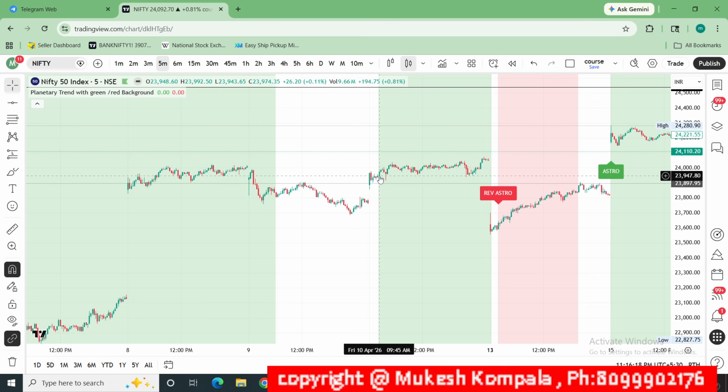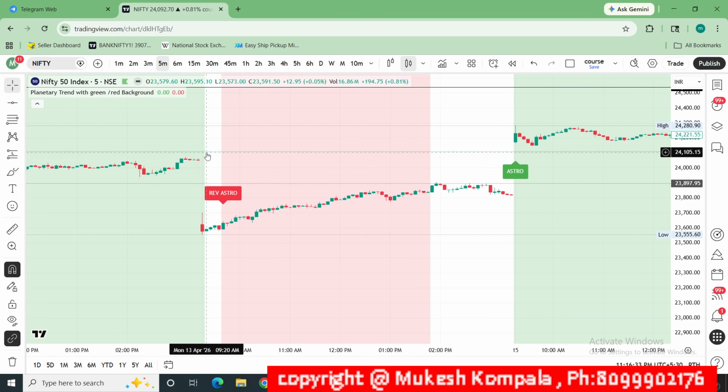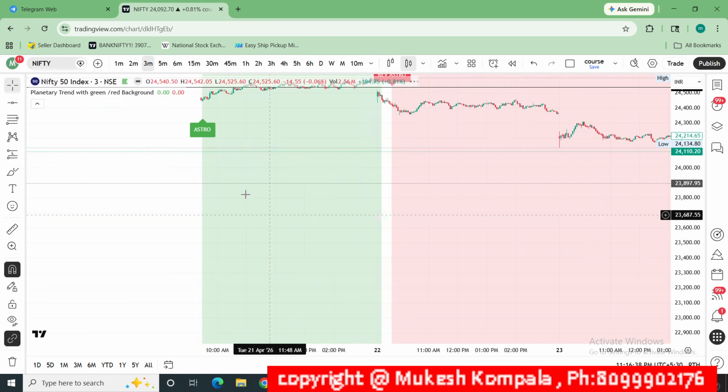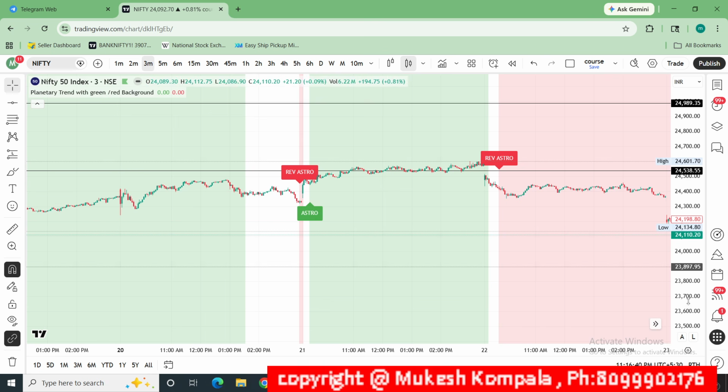Again if it gives the green background you can take long again. Till it gives the reverse Astro signal you have to be in long. Clear? Now again you can see that white background is there, and in 3 minutes you will get a clear picture. For intraday people, 3 minutes is the best.